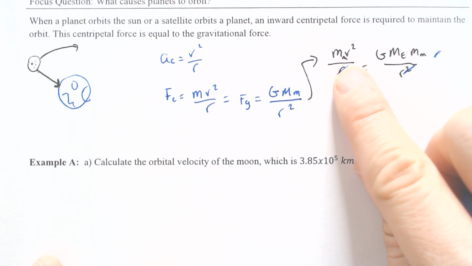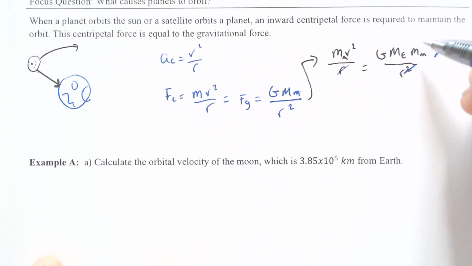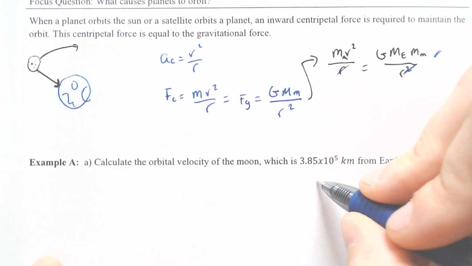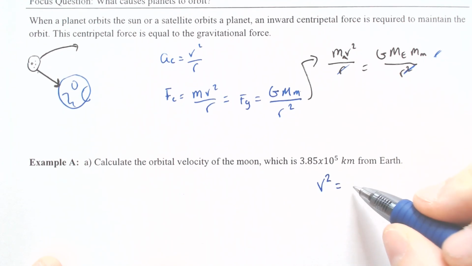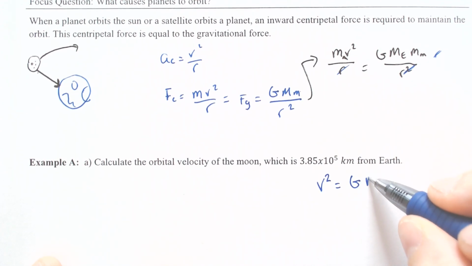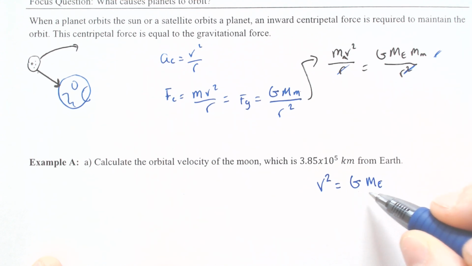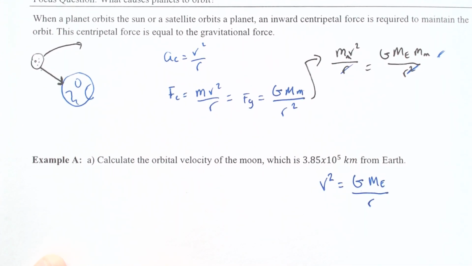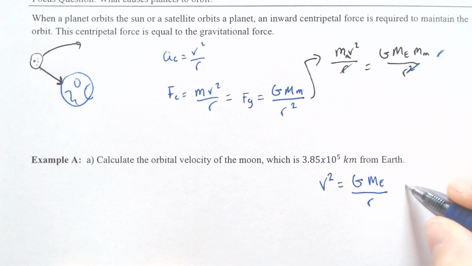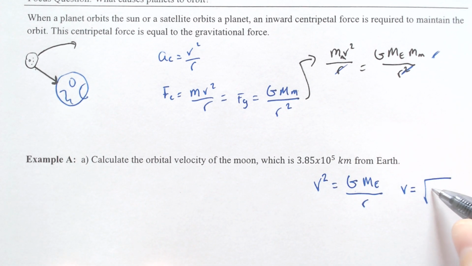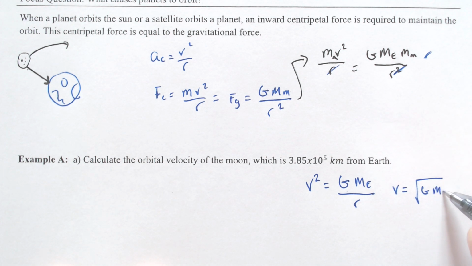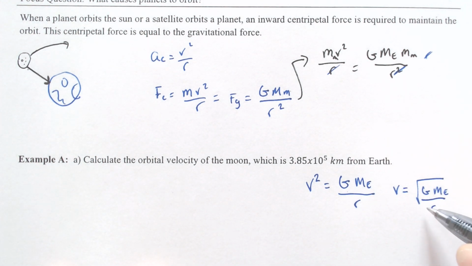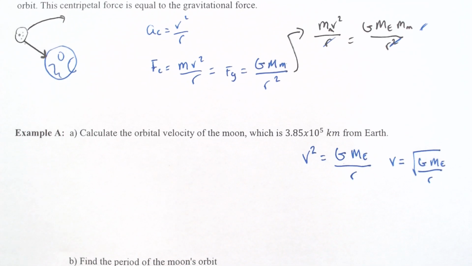If we divide by the mass of the moon, that would cancel too, which is kind of sad, leaving us with v squared equal to the gravitational constant, mass of Earth, over r. All right, which means the velocity of the moon would equal the square root of the gravitational constant times the mass of Earth, divided by the radius between the Earth and the moon.